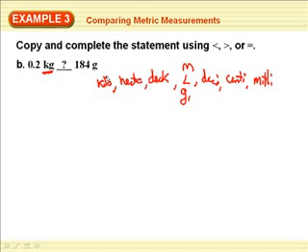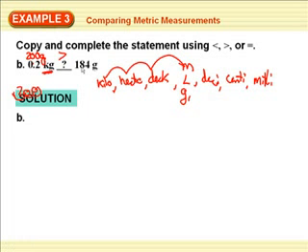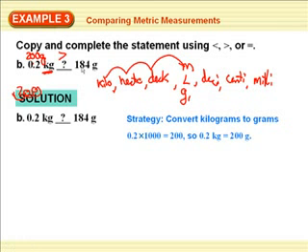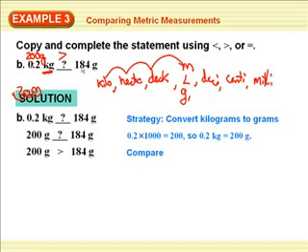So to change it to grams, I'd go from kilo to grams, 1, 2, 3 to the right. So 0.2 would be 1, 2, 3. So that would be the same as 200 grams. 200 grams is greater than 184 grams. And that's just the way I'm going to do it. They may do it differently. So they're converting kilograms to grams just like I did. They multiplied it, moving the decimal, I multiply it, and it's greater than.